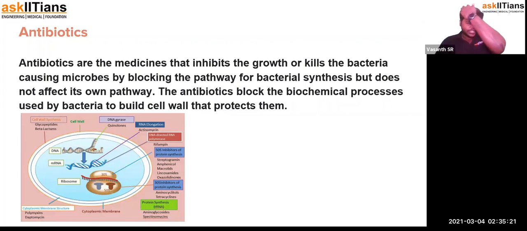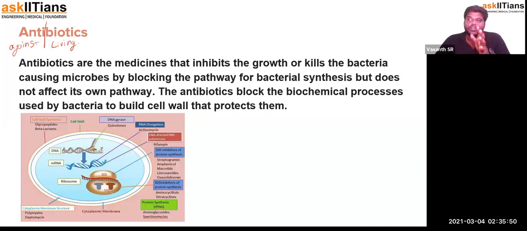Antibiotic is actually a word which is very easily understandable. We split the word into two, which is anti and biotic. Anti means against. Biotic means living. So in a nutshell, antibiotics are against life.